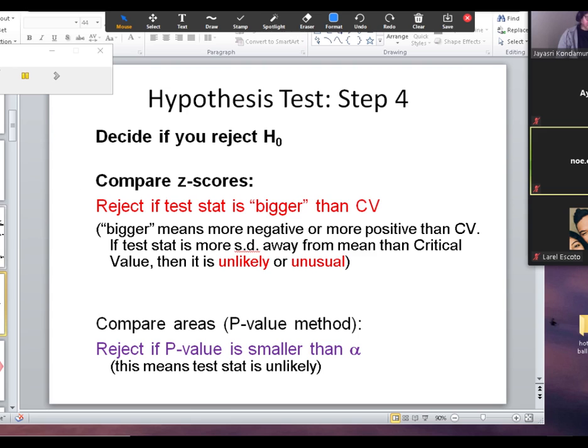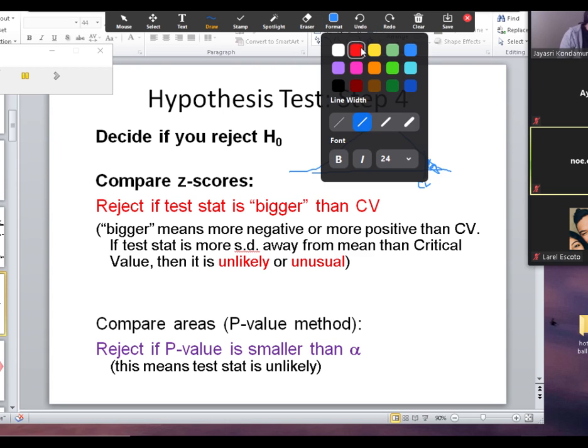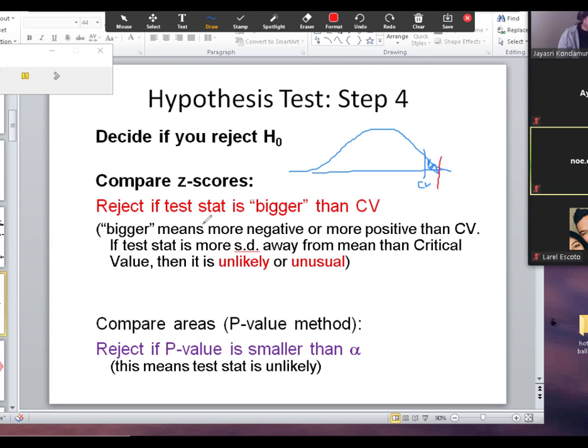Step 4, decide if you reject H naught. So looking back at your drawing, you've got your critical value wherever it is, and you've shaded, and then you put in your test stat. If your test stat is out here, then you're going to reject H naught, and if your test stat is over here, then you would not.